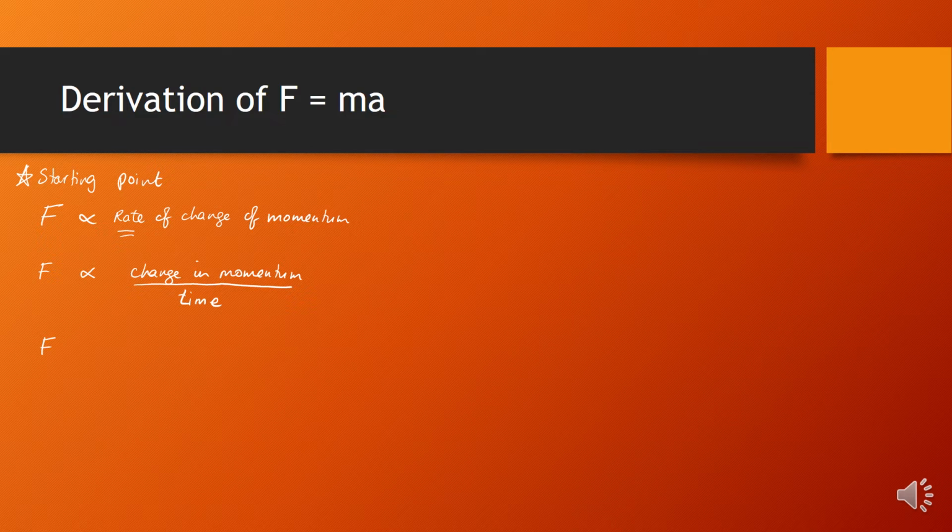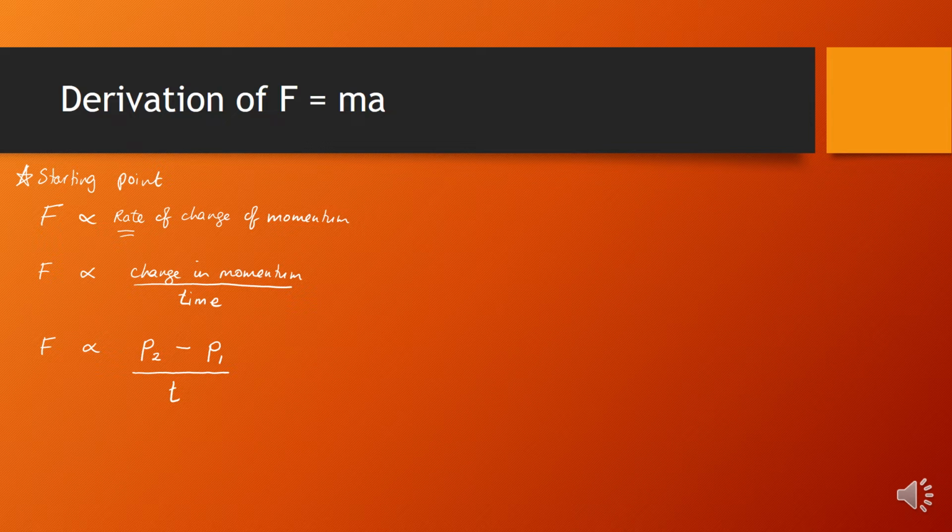The force is proportional to, now the change in momentum, we can write that as the final momentum subtract the initial momentum. So finding the difference in the final momentum, so P is for momentum, minus initial momentum, P2 minus P1, all divided by t, which is the time taken for that to happen.